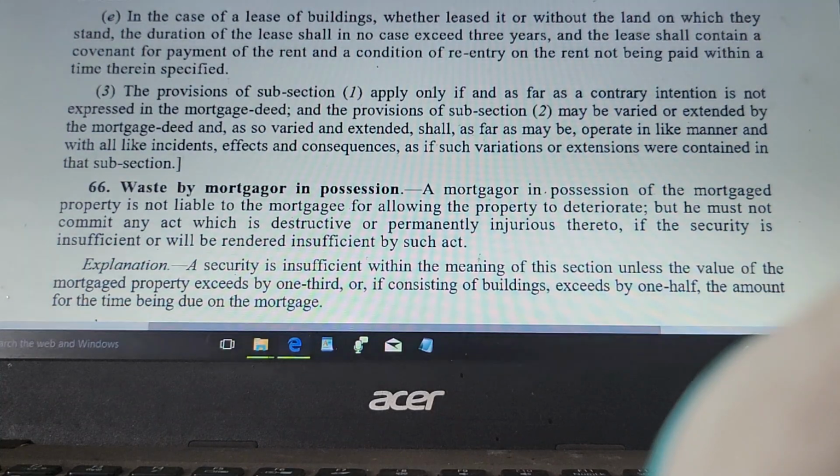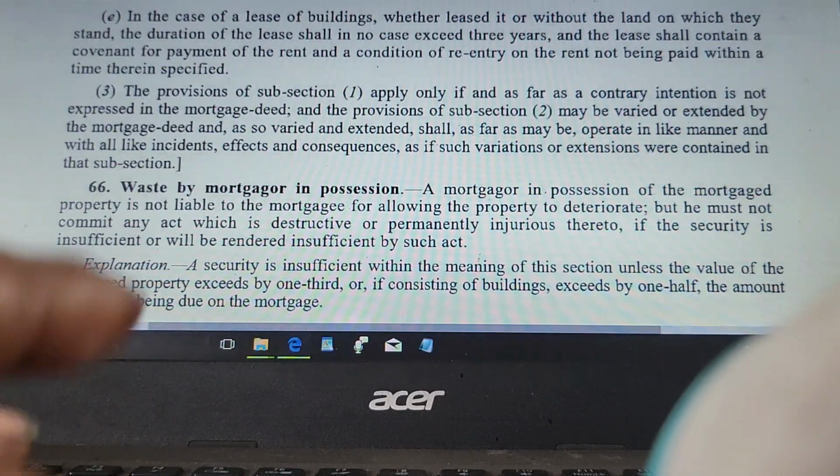66. Waste by mortgagor in possession. A mortgagor in possession of the mortgage property is not liable to the mortgagee for allowing the property to deteriorate, but he must not commit any act which is destructive or permanently injurious thereto, if the security is insufficient or will be rendered insufficient by such act.